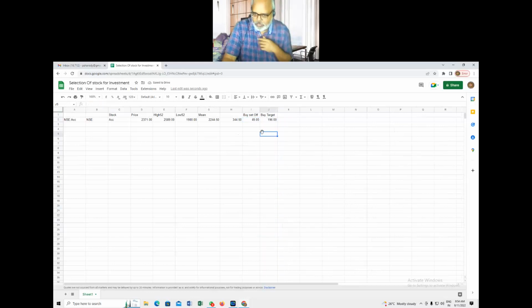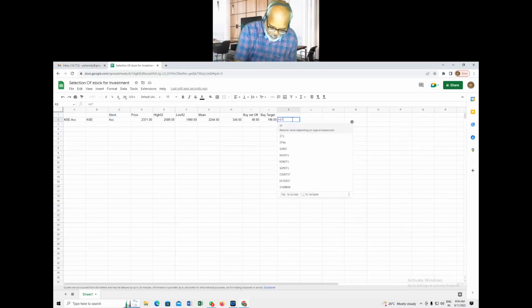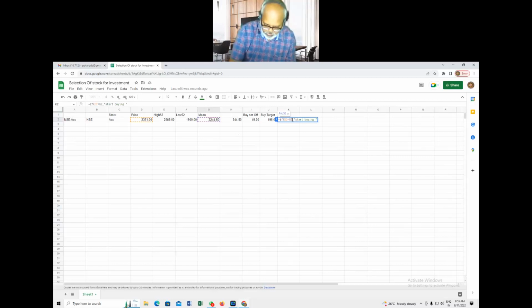Now once this is done, I have got the price of ACC, and if I put a condition, if my LTP is less than the mean, then start trading or start buying, whatever you want to put into your condition, whenever the price goes below this level.